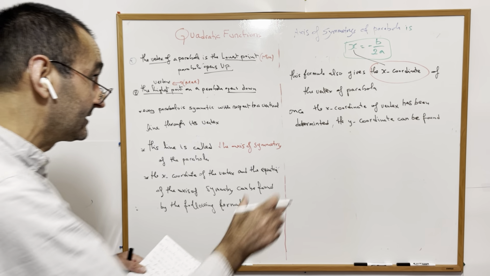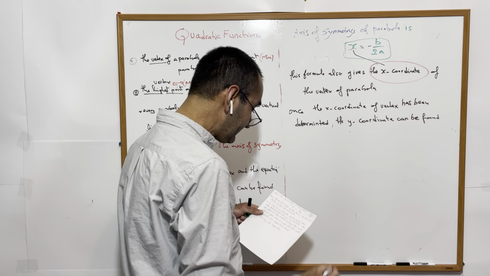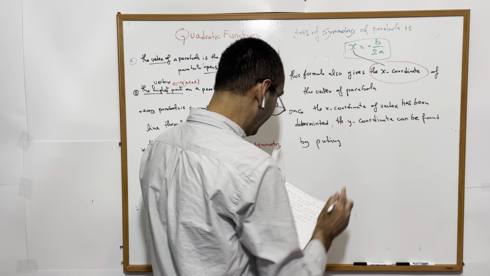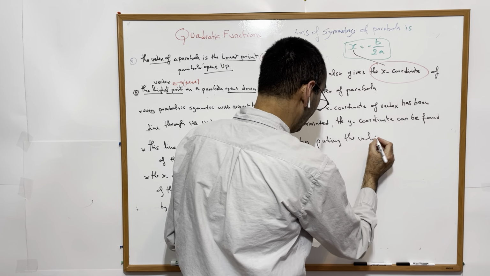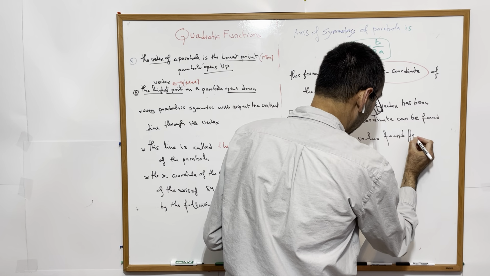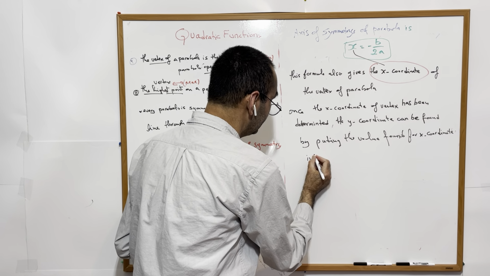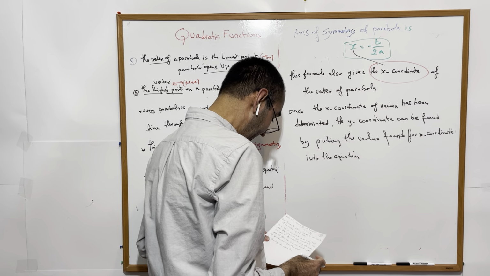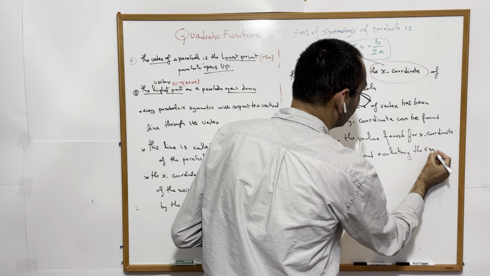We just put the x coordinate into the equation of the parabola, putting the value found for x into the equation and evaluating the equation.